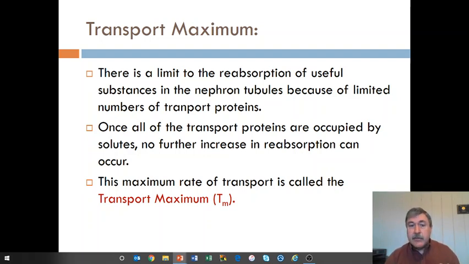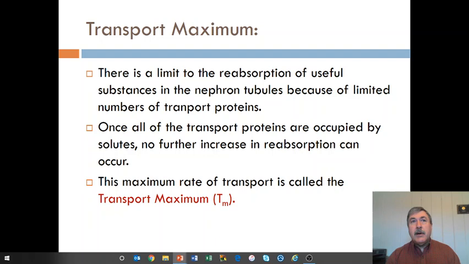You have to have a carrier protein. So there's a maximum rate of transport across the cells of the proximal convoluted tubule. That maximum rate of transport that's caused by the limited number of transport proteins is called the transport maximum.